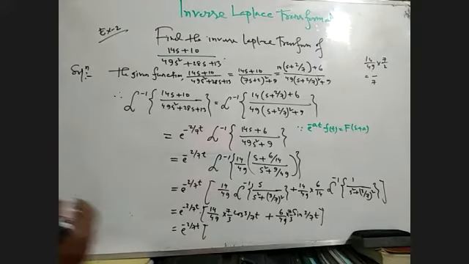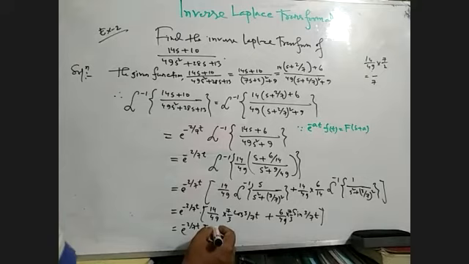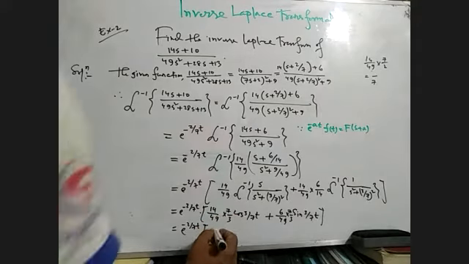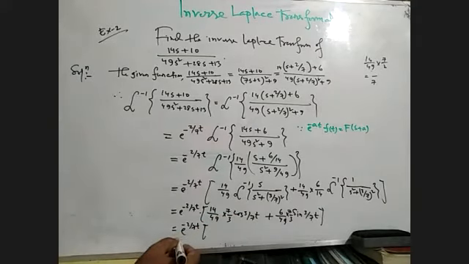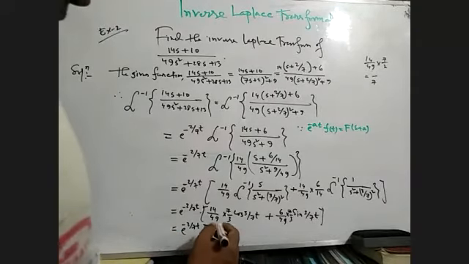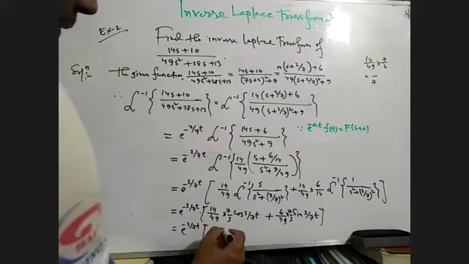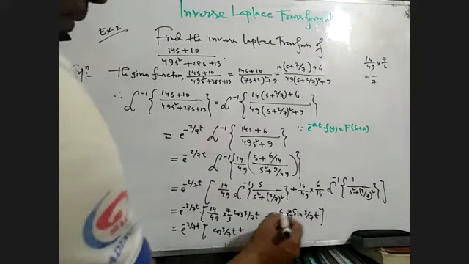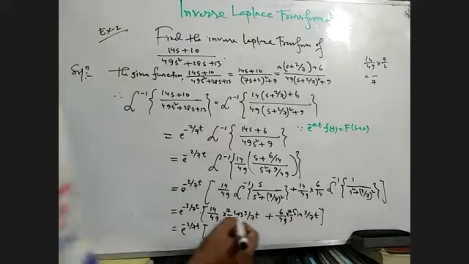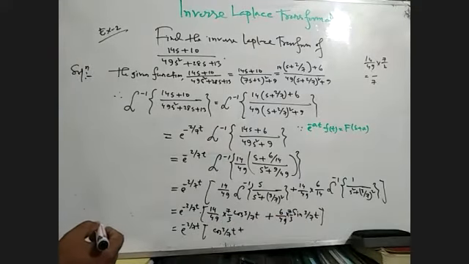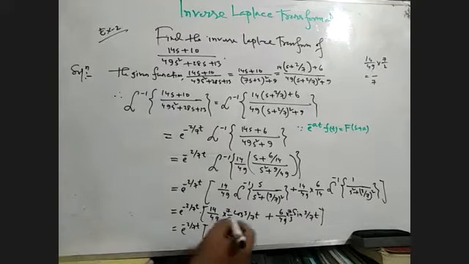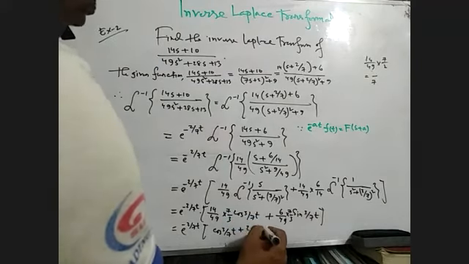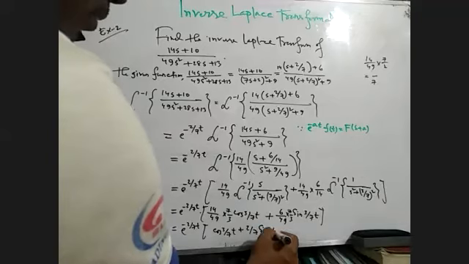Here will be 2 by 7; 7 will be cut. This is the 3 by 7. So cos 3 by 7t plus 7 cut and 2 cut. So we get only 2 by 7 sine 3 by 7t.